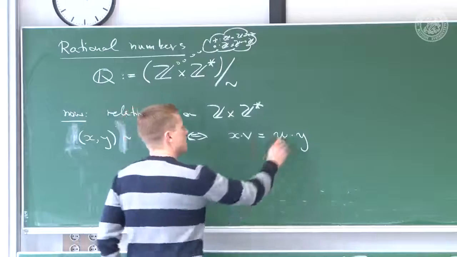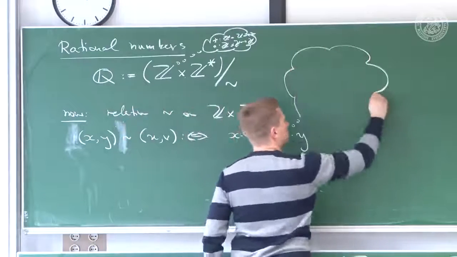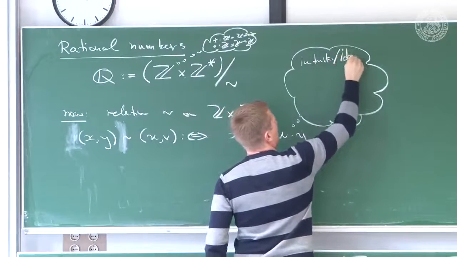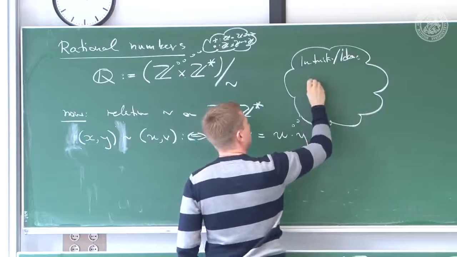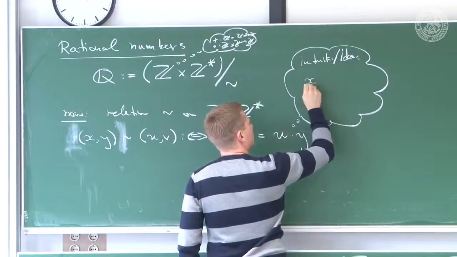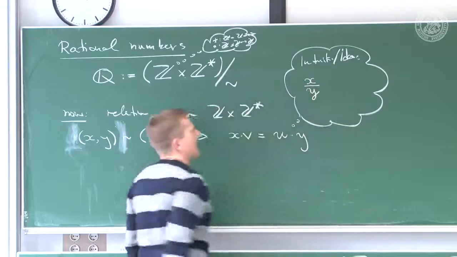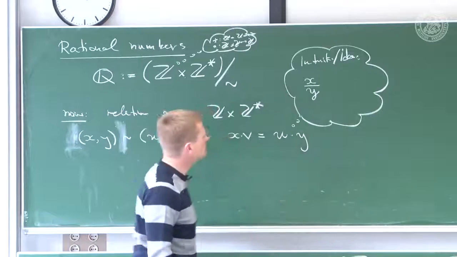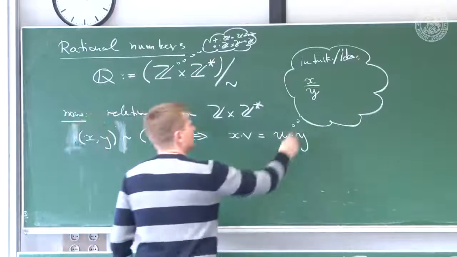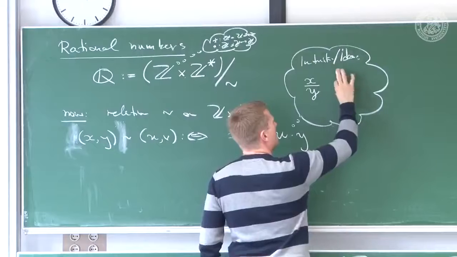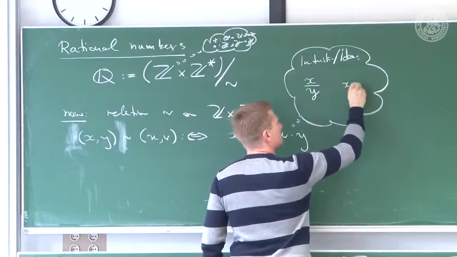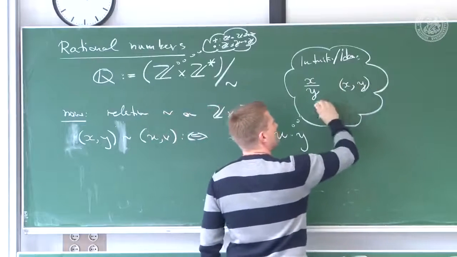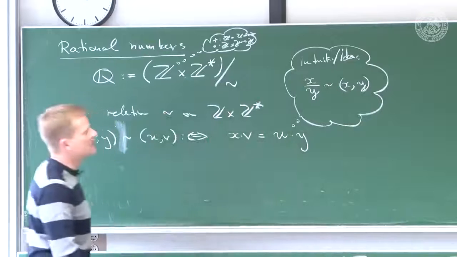And the idea behind this, again, that's the intuition, is that, of course, if in elementary school we write x over y, this fraction thing here morphs into a comma, and the x and the y stand on the left and the right of the comma, and we would like to identify the fraction with this pair.